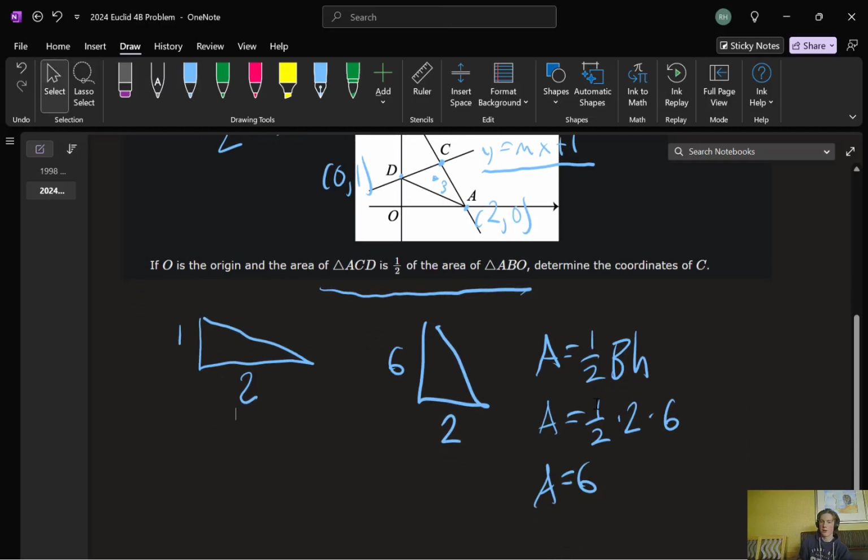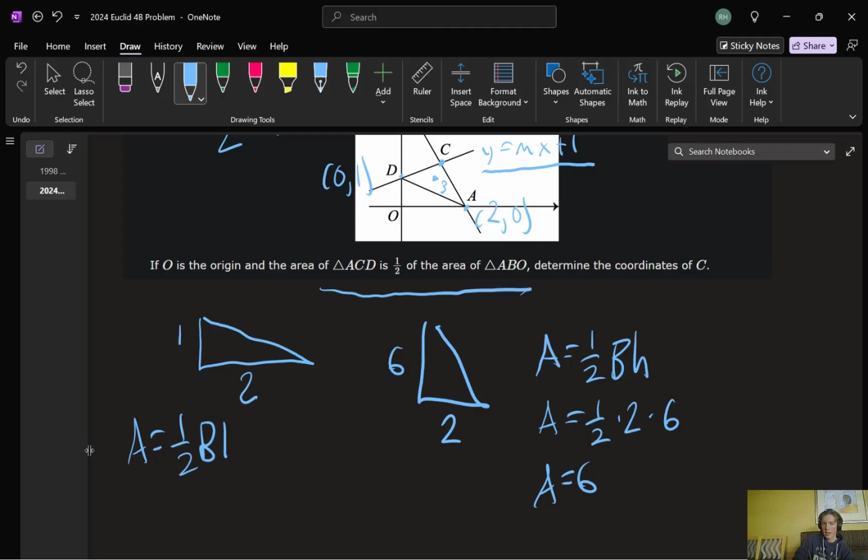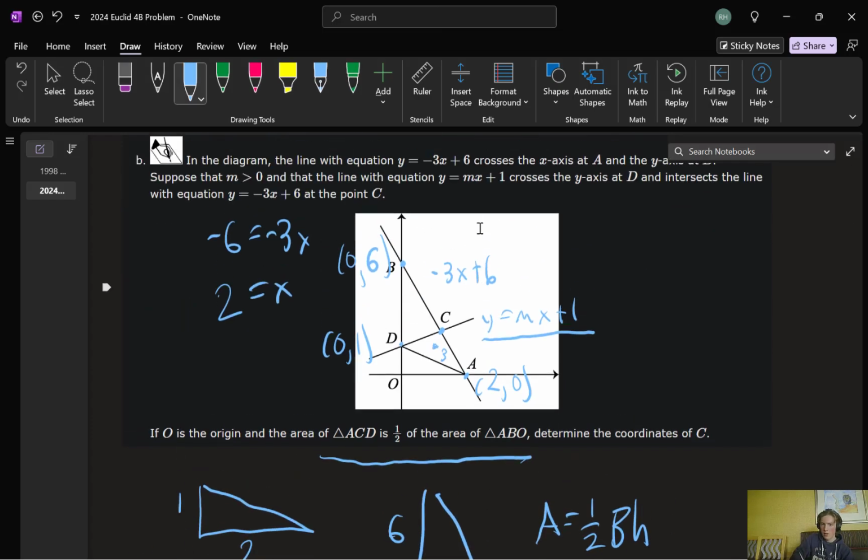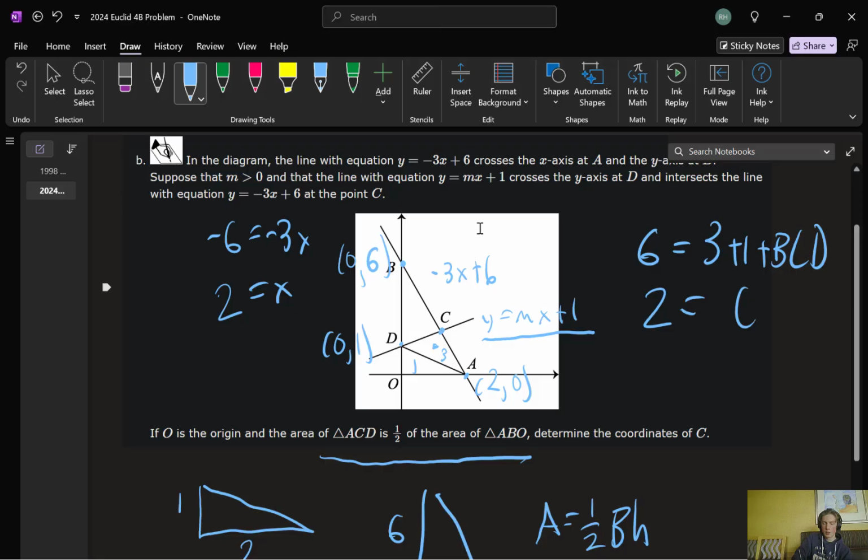So we can use our area equation again, area equals 1/2 base times height, substitute in our values, and we get area is equal to 1. And then we can solve for BCD just by knowing that the whole area is equal to 3 plus 1 plus BCD. From that, BCD is equal to 2.